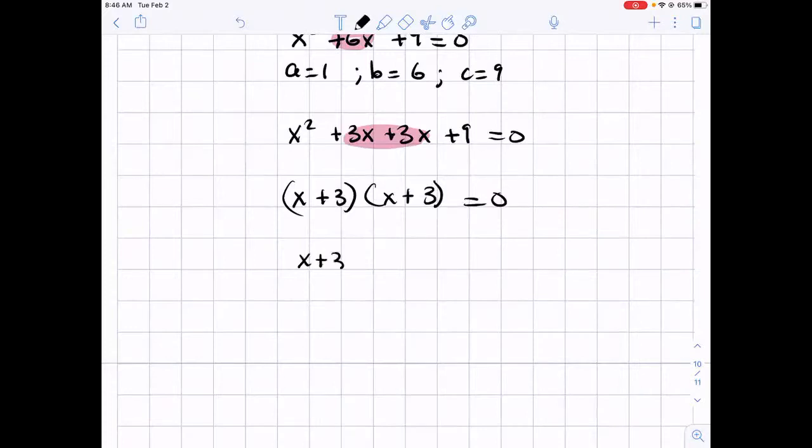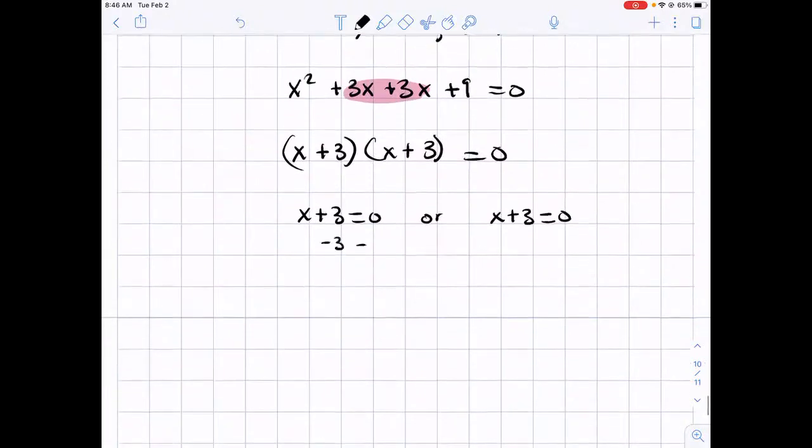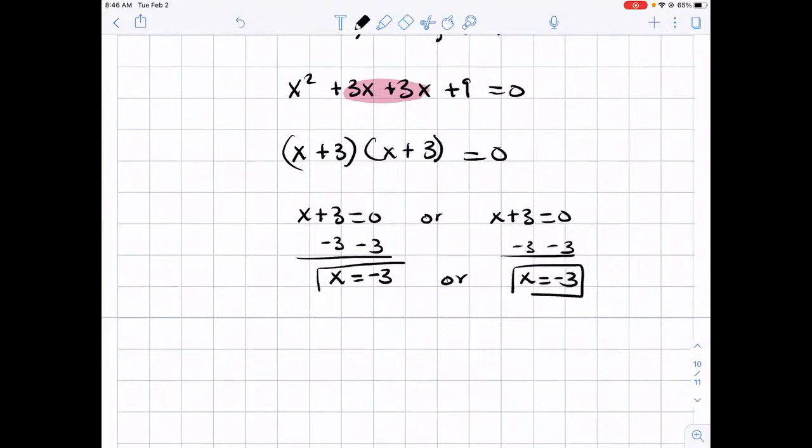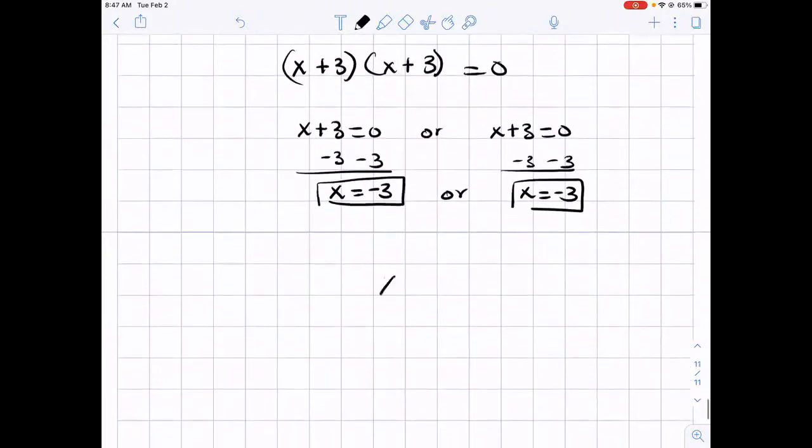Now x plus 3 is equal to 0, or x plus 3 is equal to 0. And you minus 3 on both sides, so x is equal to minus 3, or x is also equal to minus 3. So now notice that you have only one solution. This is what I was trying to say earlier.